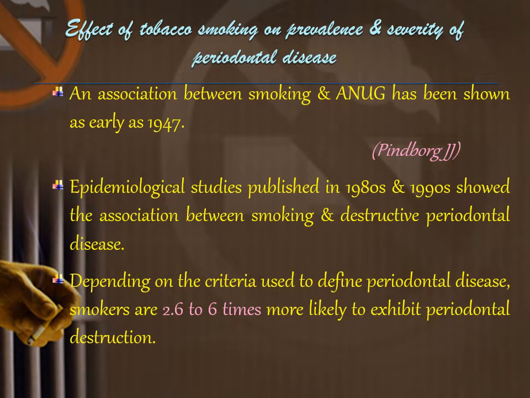Effect of tobacco smoking on prevalence and severity of periodontal diseases. An association between smoking and ANUG was shown as early as 1947 by Pindborg. Epidemiological studies published in the 1980s and 1990s show the association between smoking and destructive periodontal diseases. Depending on the criteria used to define periodontal disease, smokers are 2.6 to 6 times more likely to exhibit periodontal destruction.